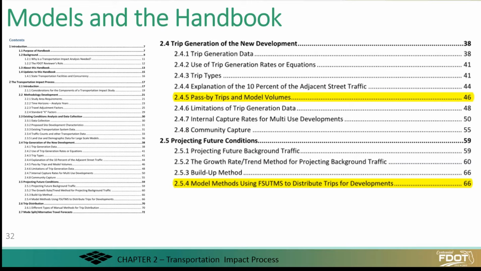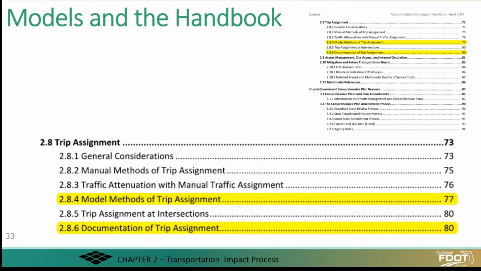So when you have access to the handbook, you can go specifically to those locations and get a more detailed treatment on appropriate model applications for site impact, the same information which we're covering today. It's also covered under 2.8 for trip assignment. If you notice, in each of these sections, manual methods are also discussed along with the models in themselves.